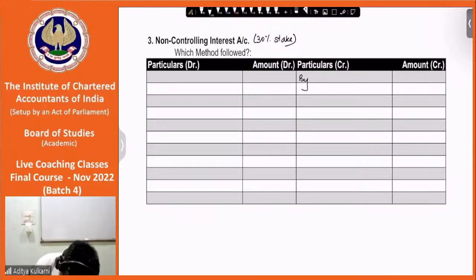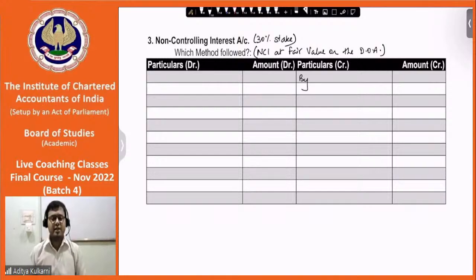In this case, NCI at fair value on the date of acquisition. Always make it a point to write it. You don't have to write which method followed. These words are not important, but this method of NCI at fair value on the date of acquisition is important.